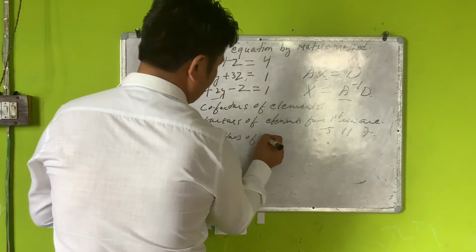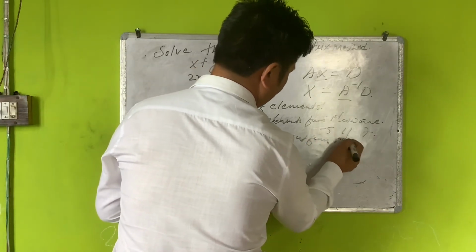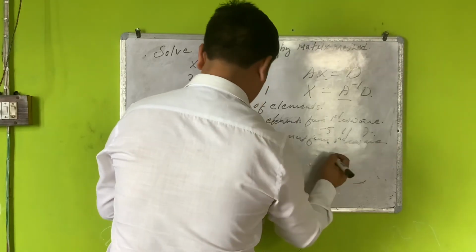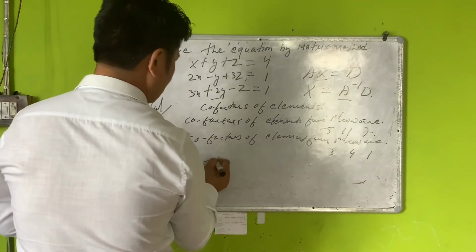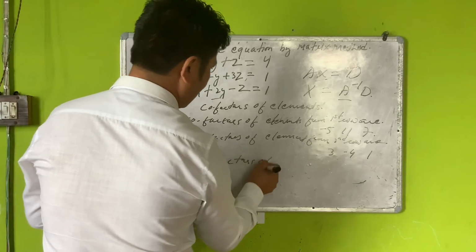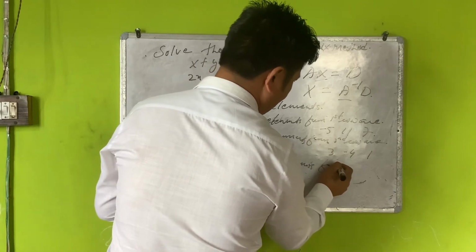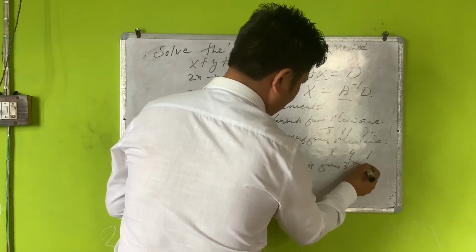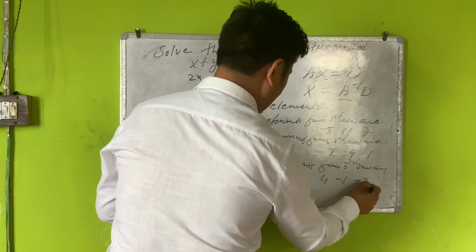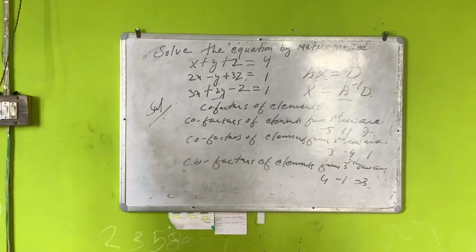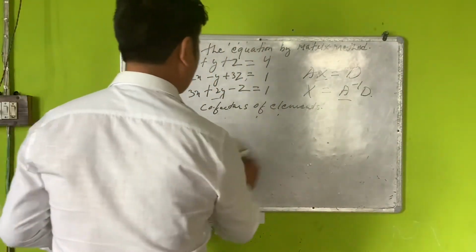The cofactors of elements from the second row are 3, minus 4, 11. The cofactors of elements from the third row are 4, minus 1 and minus 3. So you found all the cofactors.